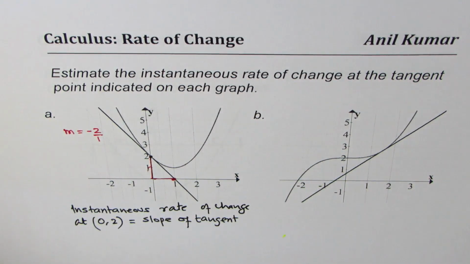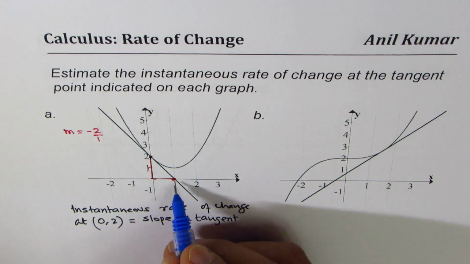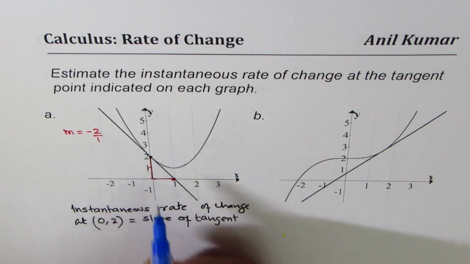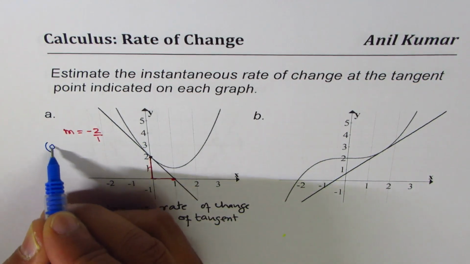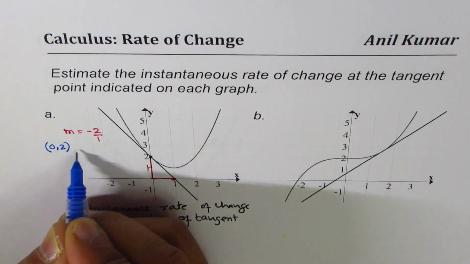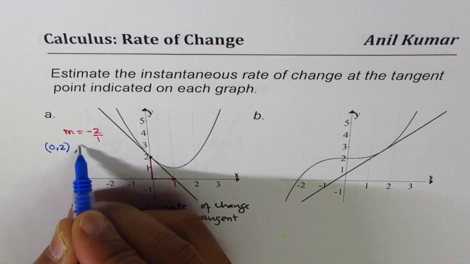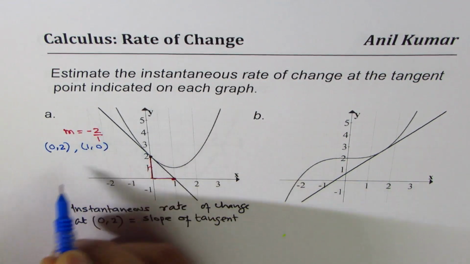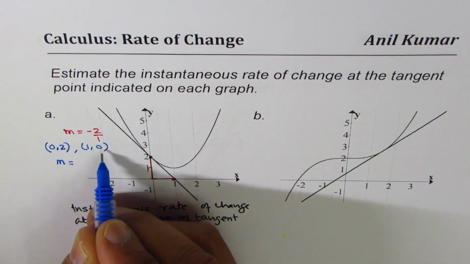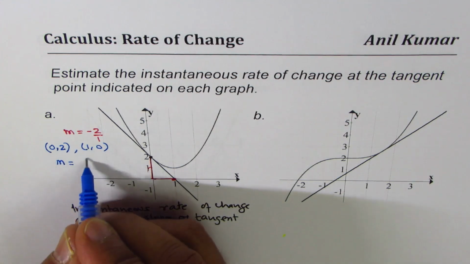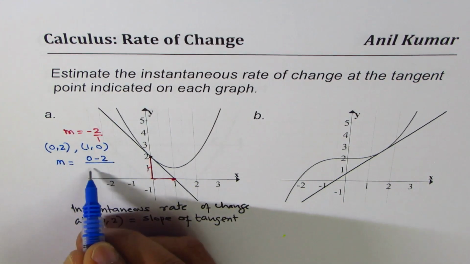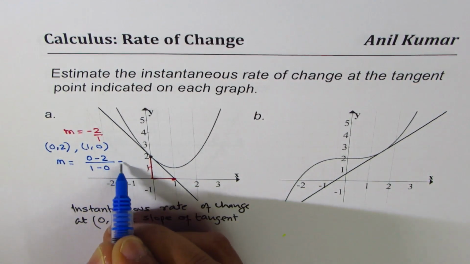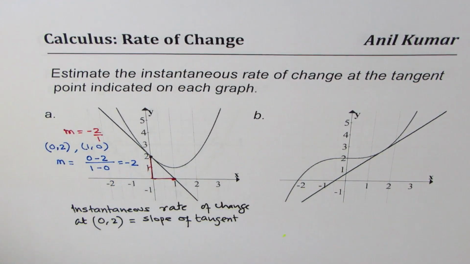The other way is, we can write the coordinate points. We are working on the point (0, 2), and the other point is (1, 0). So the slope of this tangent line is y2 minus y1, 0 minus 2, divided by x2 minus x1, 1 minus 0, which gives us -2.